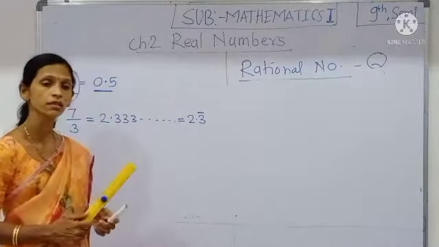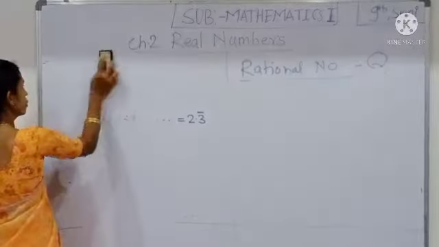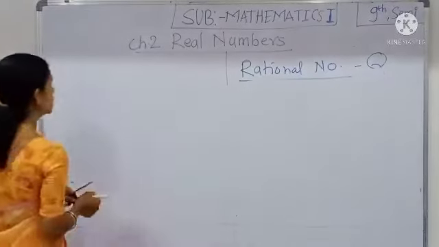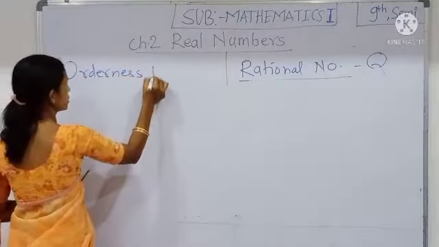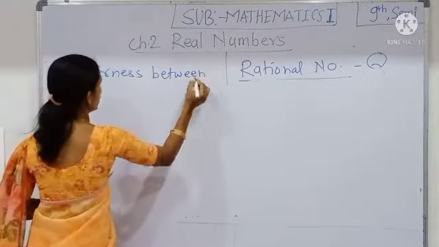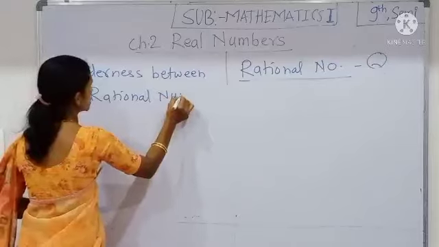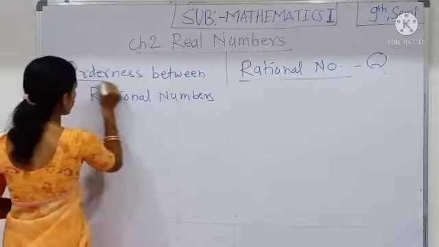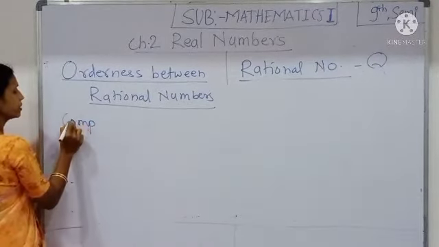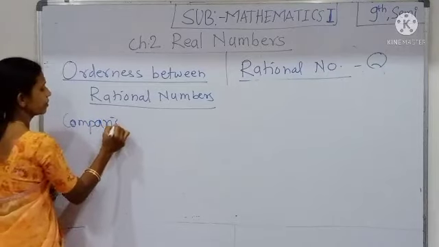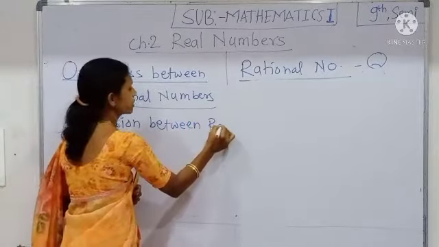Then see here, there are a few concepts related to rational numbers. We are going to discuss that. Orderness between rational numbers. That means orderness means comparison between rational numbers.